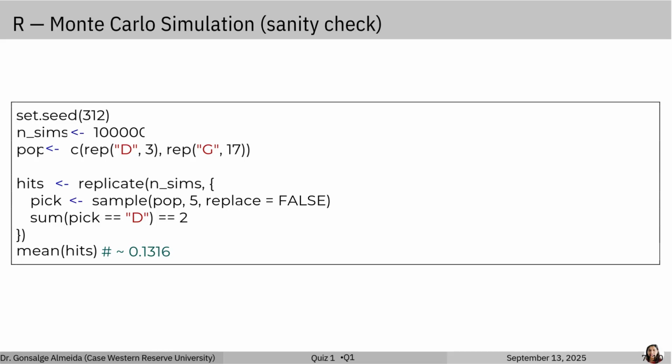That means it's trial-wise, and the theoretical probability is the equivalent. You will see that when you run the simulation 100,000 times, you get close to your theoretical probability of 0.1316. So in order to do that, I will cut and paste all the codes on the R console.